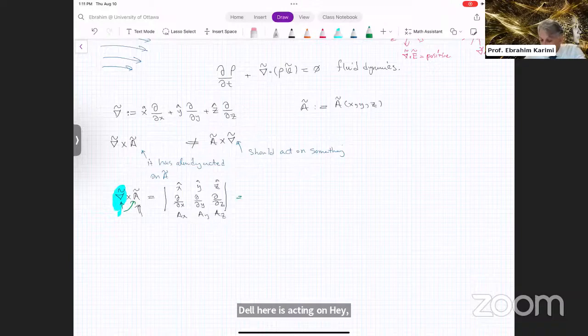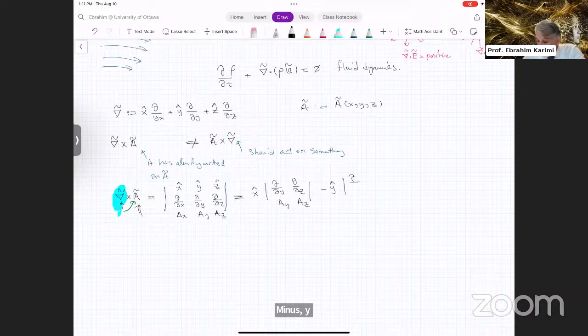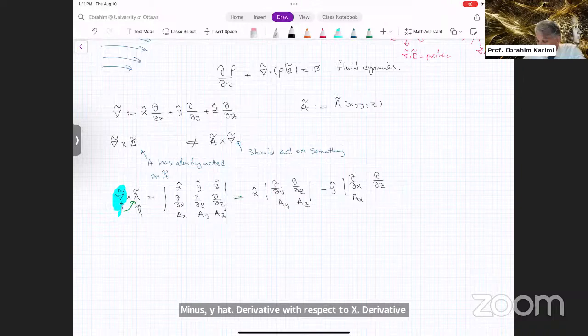So let's expand it. If you do the expansion, the first one will be x hat, derivative with respect to y, derivative with respect to z of ay, az, minus y hat, derivative with respect to x, derivative with respect to z of ax, az, then plus z hat, derivative with respect to x, derivative with respect to y of ax, ay.